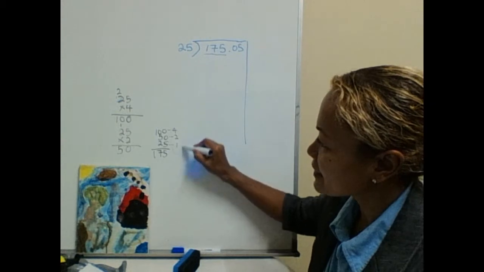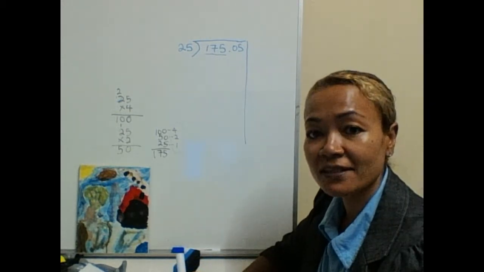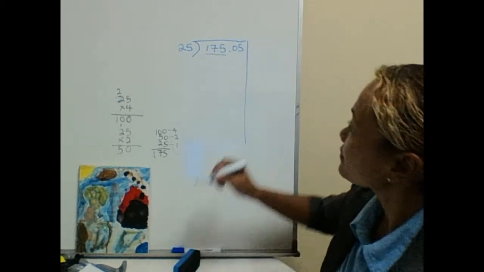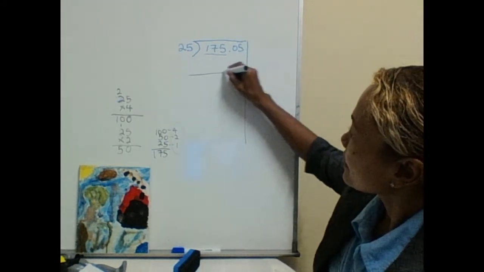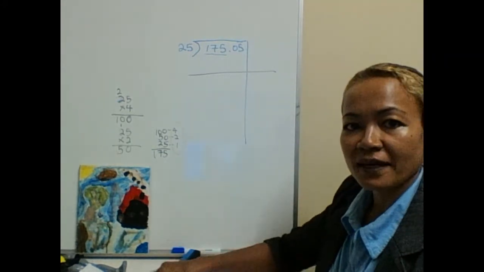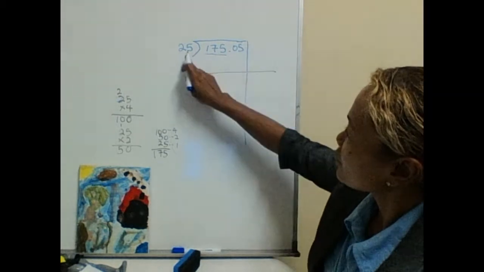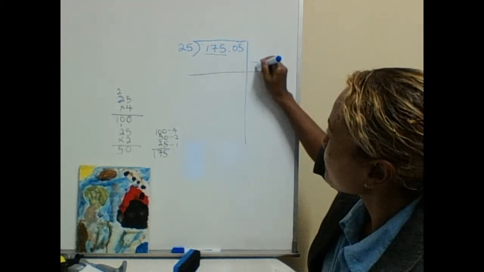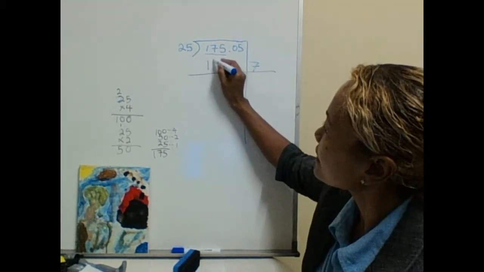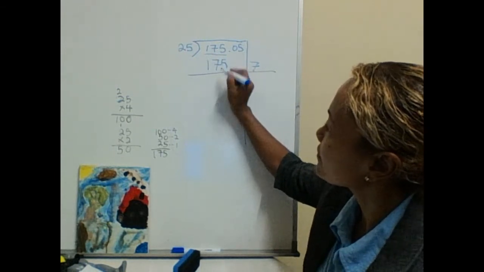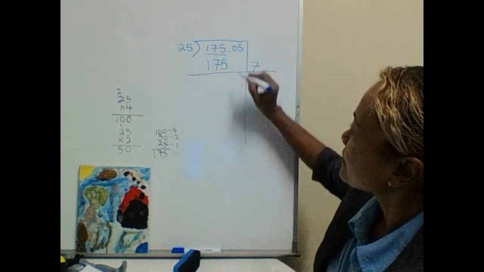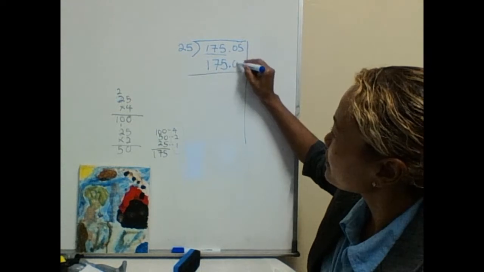So all in all, 7, right? 7 times 25 is 175. Okay, let's switch back to blue. So 25 times 7 is 175. Right? Put in the decimal point and your zeros.